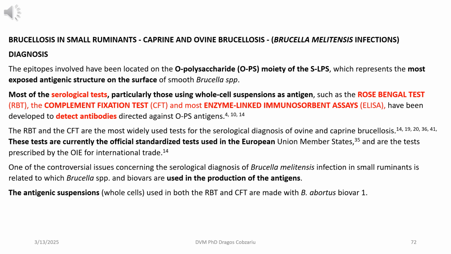One of the controversial issues concerning the serological diagnosis of Brucella melitensis infection in small ruminants is related to which Brucella spp. and biovars are used in the production of the antigens. The antigenic suspensions, whole cells, used in both the RBT and CFT are made with B. abortus biovar 1.